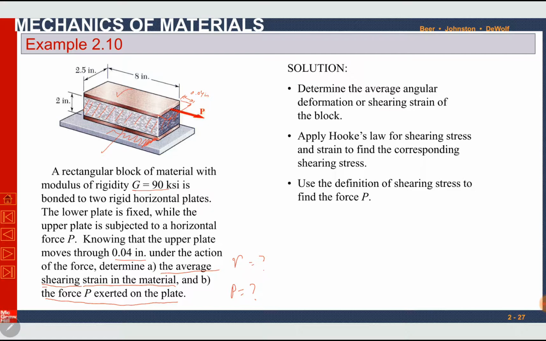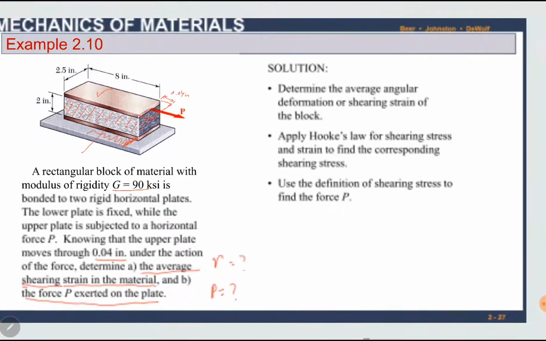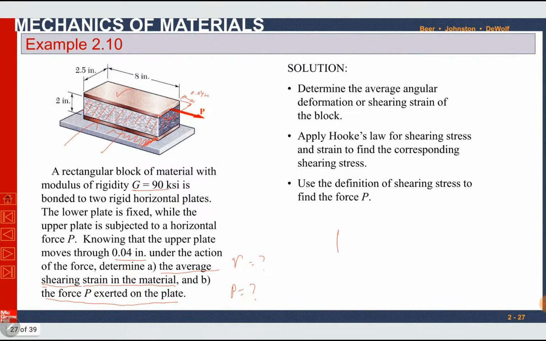If we look at the two-dimensional view from this side, we can draw it as a rectangle. This box is a rectangle and it is connected to two rigid plates. The rigid plates do not suffer any kind of deformation. If force P is applied here, this plate will deform like this.